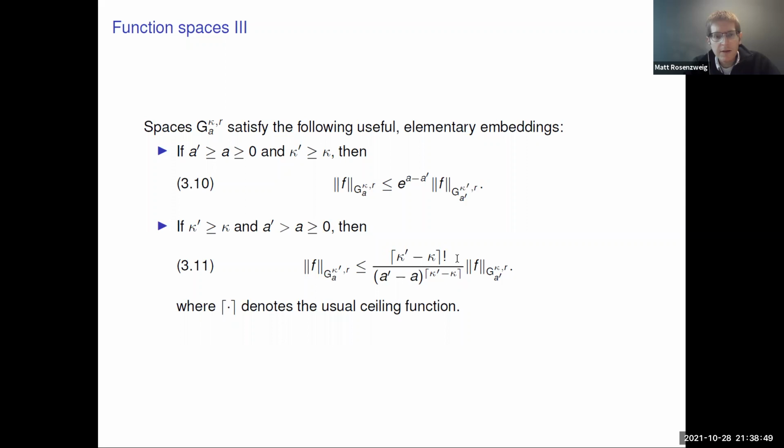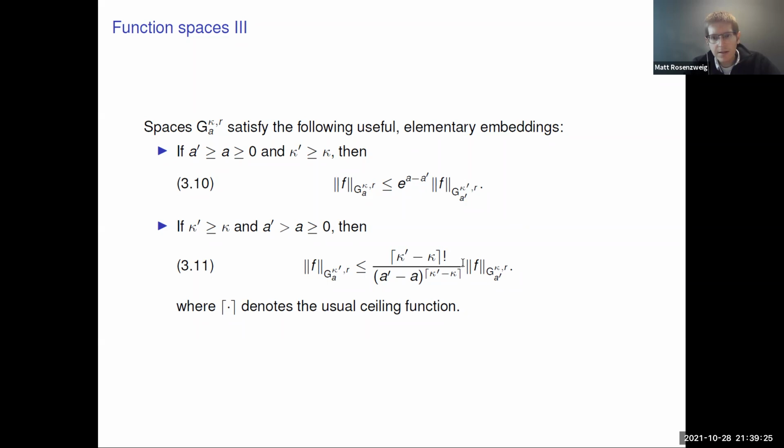Well, you fix some A, kappa, and R, and let's say that I'm going to also have an A prime, which is larger than A. So you can ask what happens if I decrease the Gevrey index from A prime to a smaller A. If you do that, then you can increase the Sobolev index kappa prime to be arbitrarily large. And again, R is just going to stay fixed.